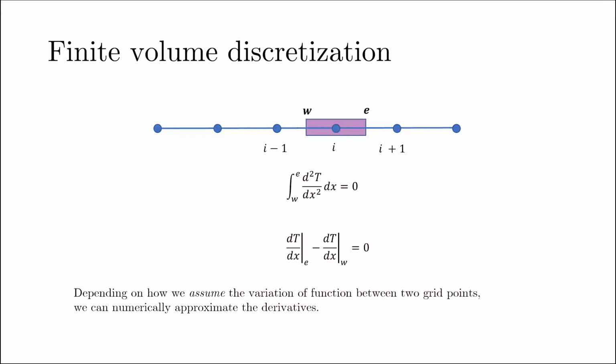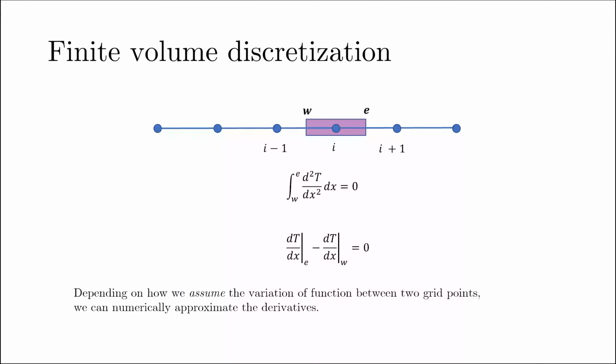Here, depending on how we assume the variation of the function between two grid points, we can numerically approximate the derivatives. Suppose we have this point as I, this point is I minus 1, this point is I plus 1. When we write dT over dx at the east face, that is the face lying midway between I and I plus 1, we can have any kind of variation here. That is why, when we were talking about finite differences, we were not really bothered about how the function varies.